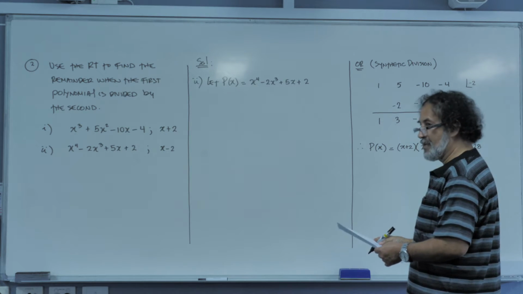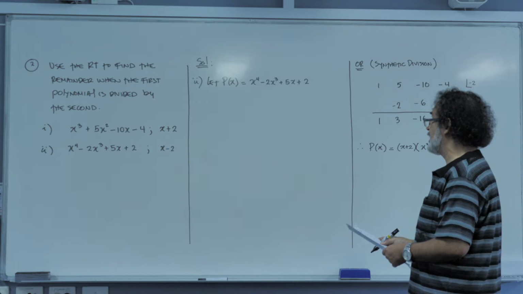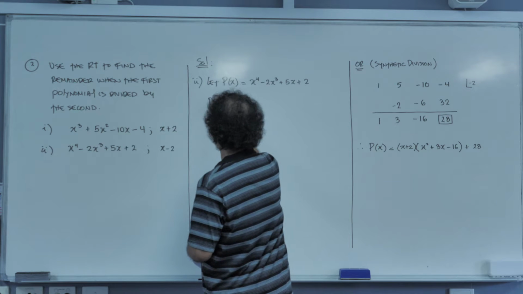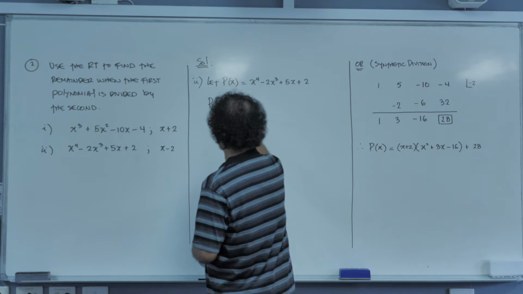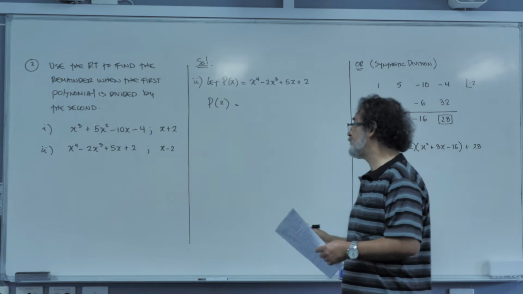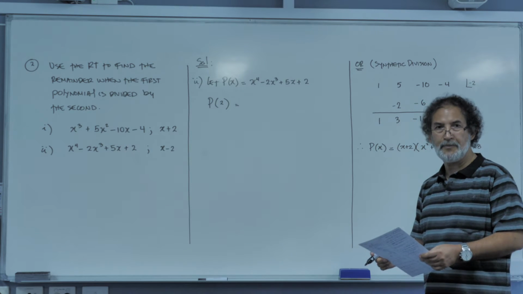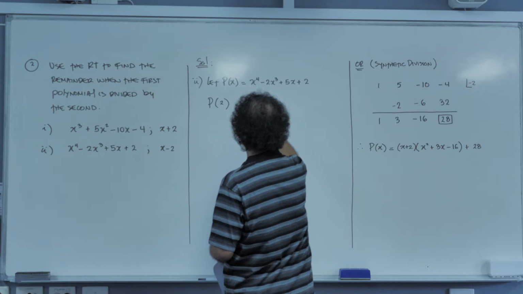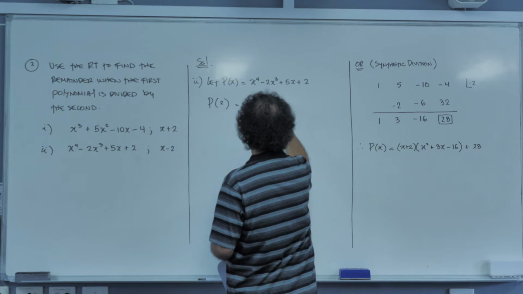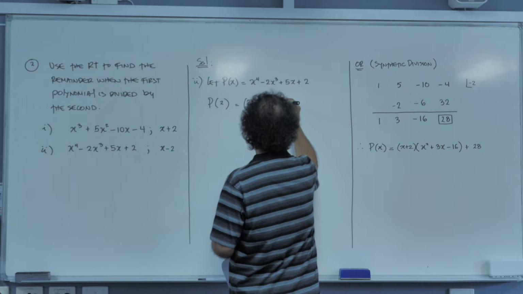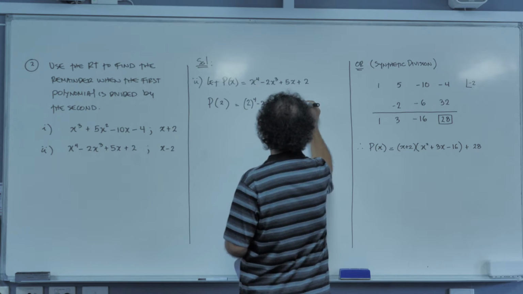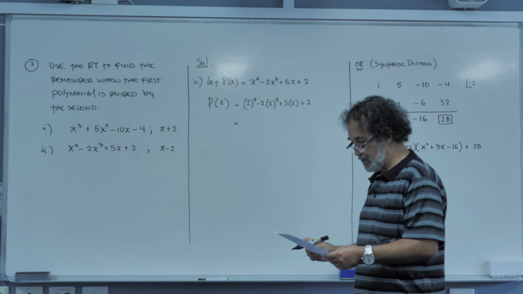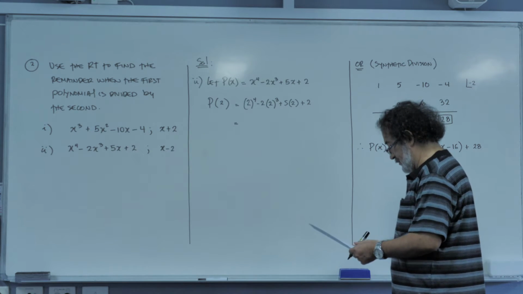All right, and the theorem says that if you want to find the remainder, all you have to do is evaluate the polynomial at positive 2 in this case. Okay, and then we're going to do 2 to the power 4 minus 2 cubed plus 5 times 2, and then plus 2. Okay, and then you're going to tell me what is the answer for that one.